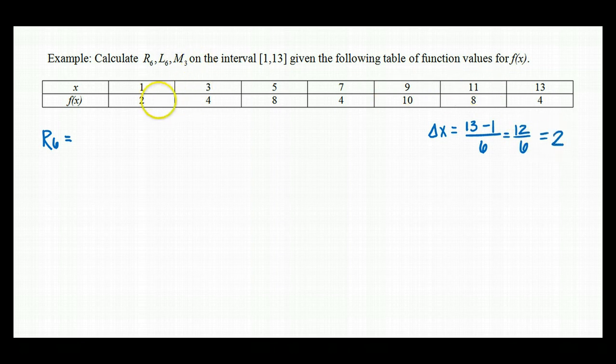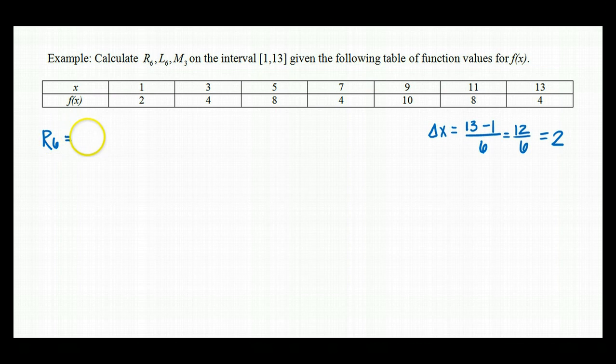Now, I want to draw your attention to the table. Notice that the increments between x values are of equal width every time, and each of these distances is 2. So we could solve for delta x using the formula b minus a over n, or we could recognize that there are exactly 6 intervals here, each of equal width 2.